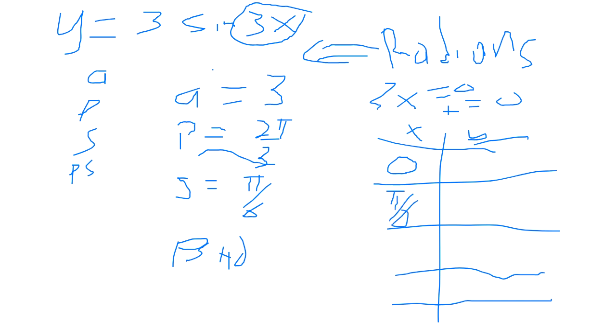Then 1 over 6 plus 1 over 6 will give me 2 pi over 3. Then 2 over 3 plus 1 over 6, if I can guess correctly, is going to give me 5 pi over 6, if I'm correct.